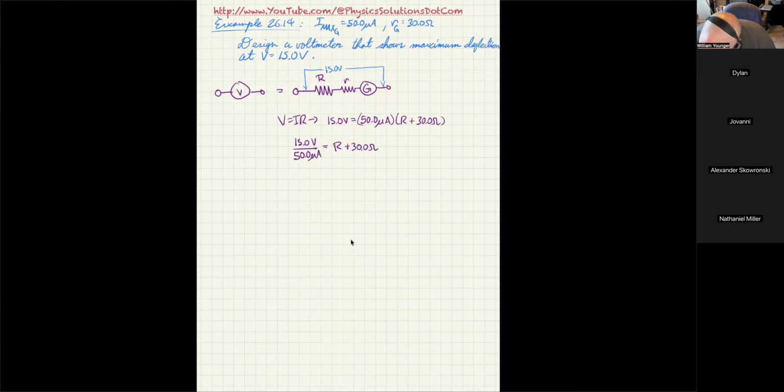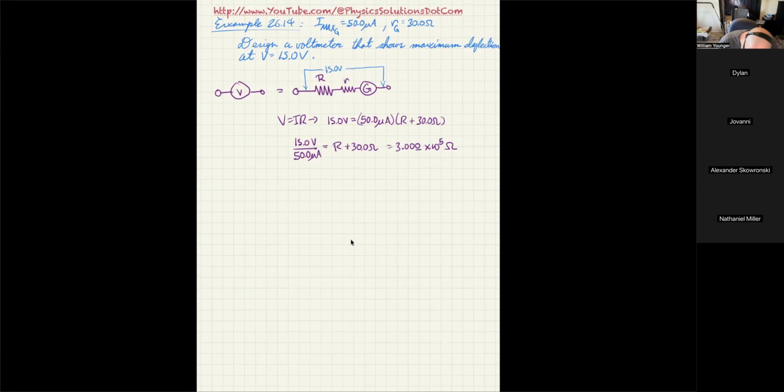And when you divide 15 by 50 times 10 to the negative 6, you end up getting 3 times 10 to the fifth ohms. Obviously, 3 times 10 to the fifth ohms is 300 kilo ohms, and that's more or less completely infinite compared to the 30 ohms.